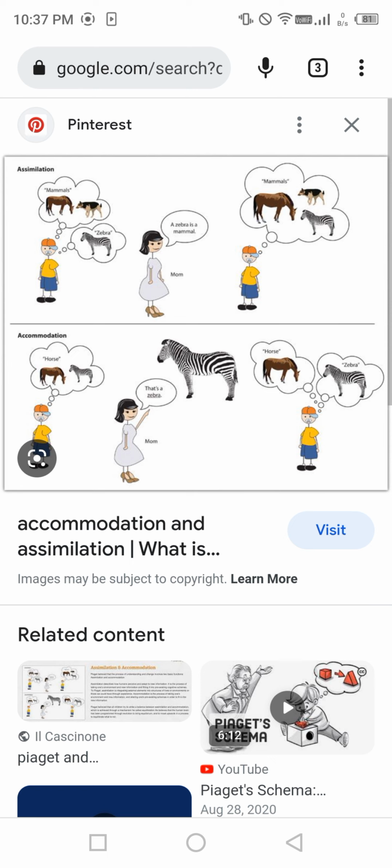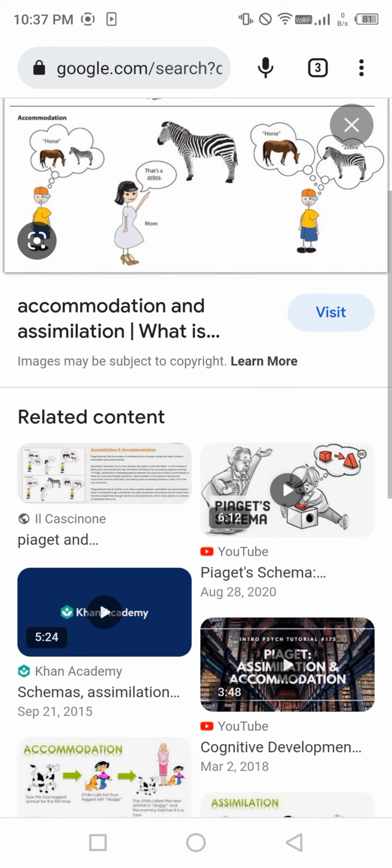When we correct him, and he comes to know what the new thing is, when he adjusts previous knowledge into the new one, then this is known as accommodation.